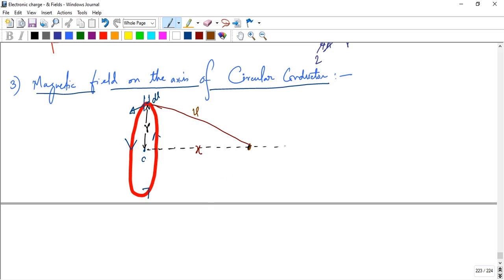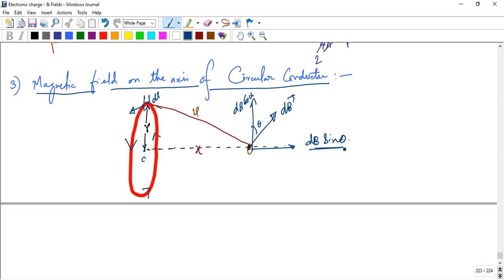Here the magnetic field dB has an angle theta. The components are dB cos theta and dB sin theta.